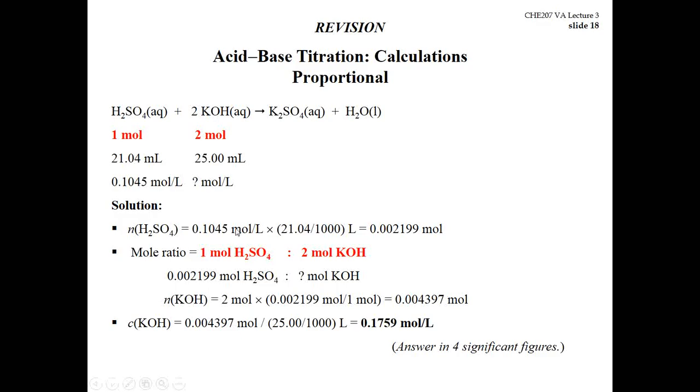The steps are the same as the previous example, but the mole ratio here is 1 mole of H2SO4 to 2 mole of KOH. So you see the number of mole of KOH is twice the number of mole of H2SO4. So we have to times by 2 here. And this is our answer.